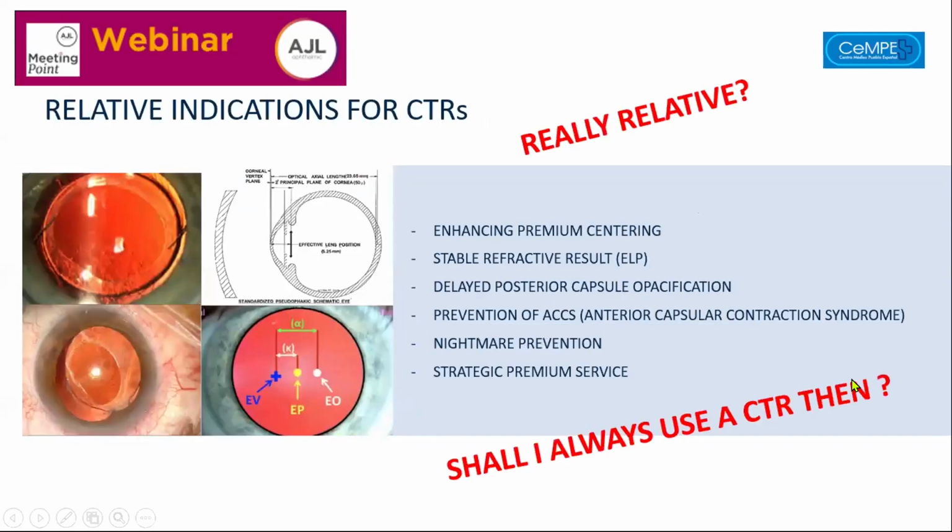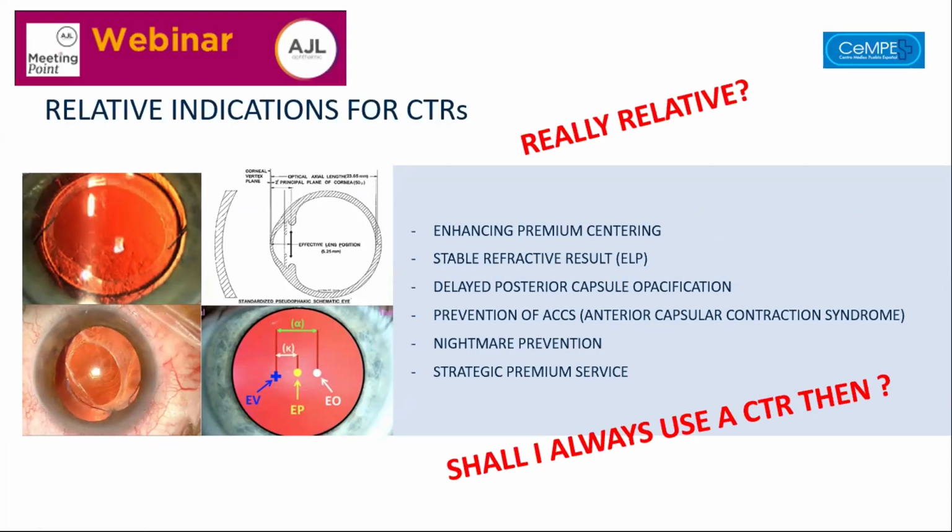So these are the undisputed indications. But then you've got what are called the relative indications. But are they really relative? For example, first case, enhancing premium lens centering.